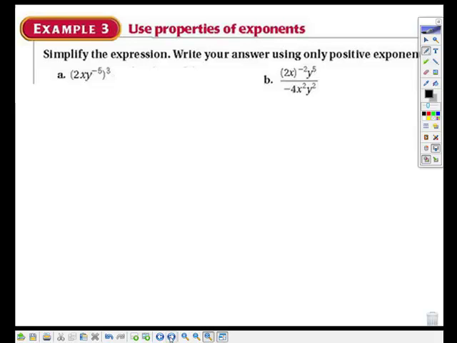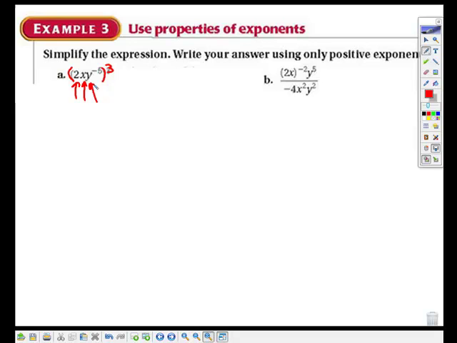To do this, the first one, the key thing would be to recognize in the parentheses how many bases you have that should be getting raised to this 3rd power. The 2 is a base, the x is a base, and the y is also another base.